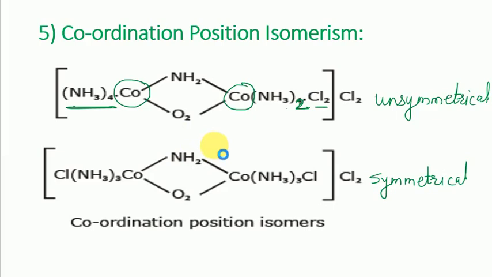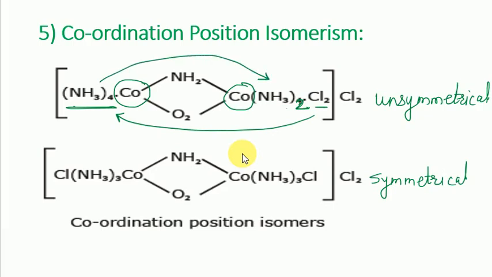So in the second, the exchange of one of the ammonia groups with one chloride ion from the other central metal ion gives a more symmetrical arrangement. If this chloride goes to this cobalt and one ammonia goes to this cobalt, then there will be 3 ammonia here, 3 ammonia here, 1 chloride, 1 chloride.